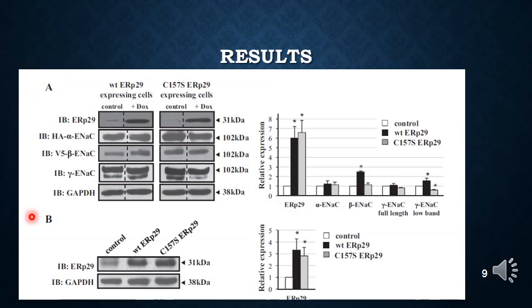In figure 1B, we see dox increased the expression, but the increase in expression was only about 3.3 times in the wild-type ERP29 and around 3 times in ERP29 C157S.